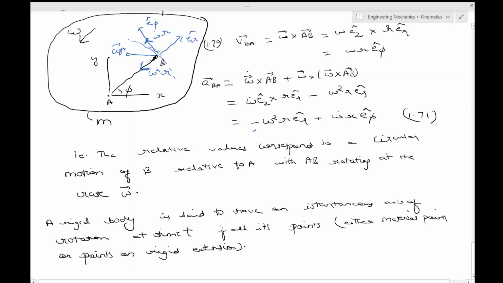See, we had used this definition of points in the above derivation just now. So you should be able to clearly identify in a given situation what was actually a material point and what was the point on its rigid extension.